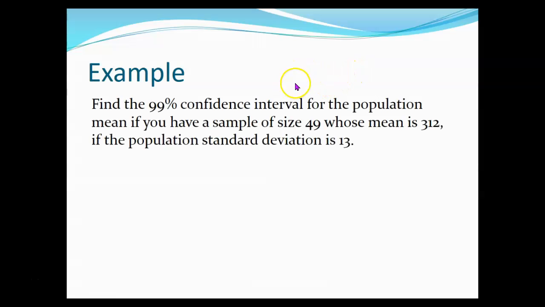So let's say we want to find the 99% confidence interval for the population mean if you have a sample of size 49 whose mean is 312, and the population standard deviation is 13. Okay, so x bar is the mean for the sample, and they told us that is 312.